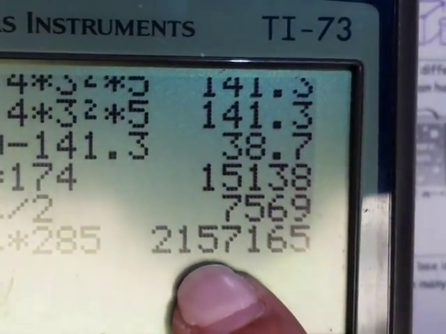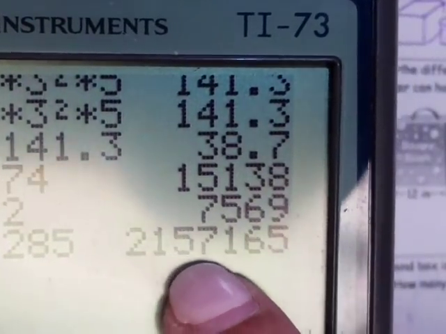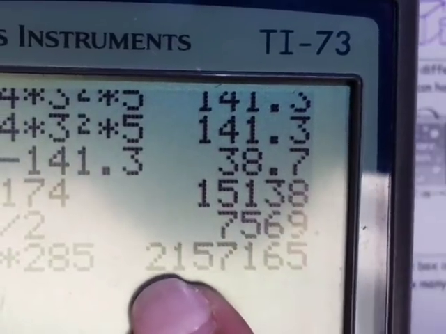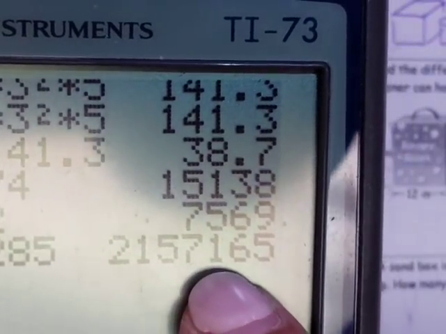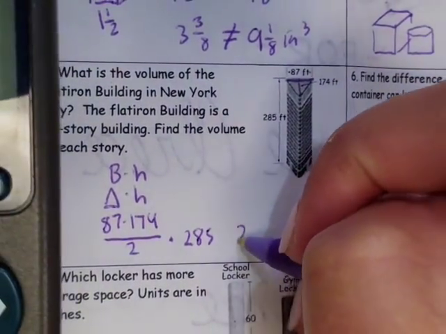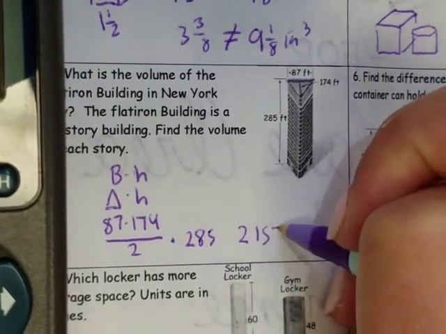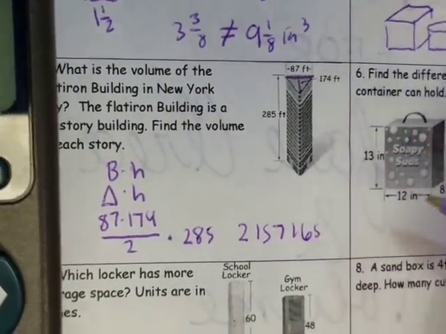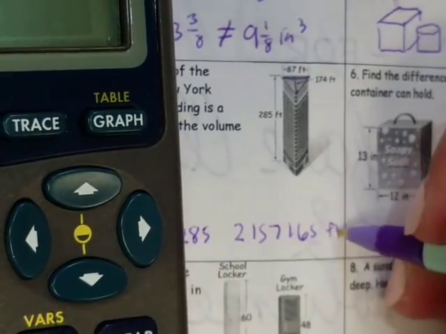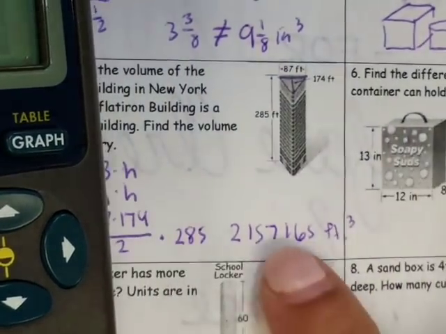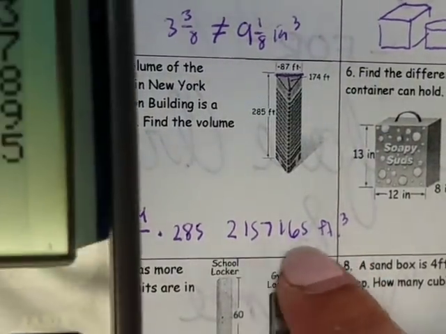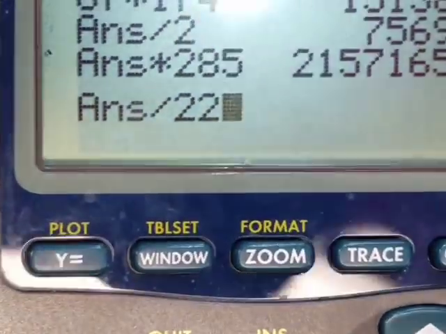So here's my total volume. Okay, let's see, that's 2,157,165. So 2,157,165 is my volume for my total building. But then I want to know what is each floor, so I'm going to take this total answer and divide by 22.